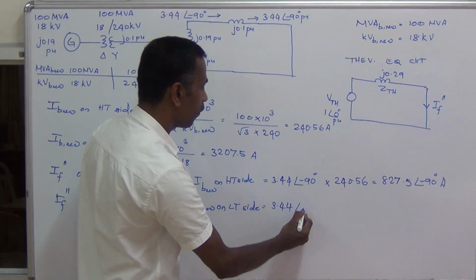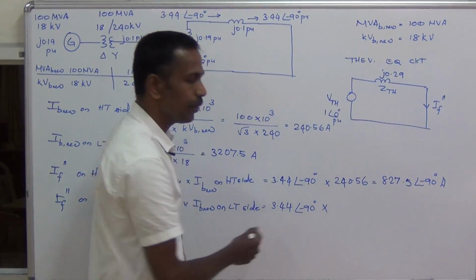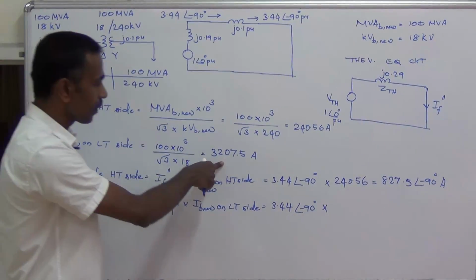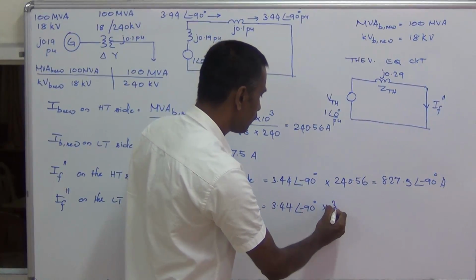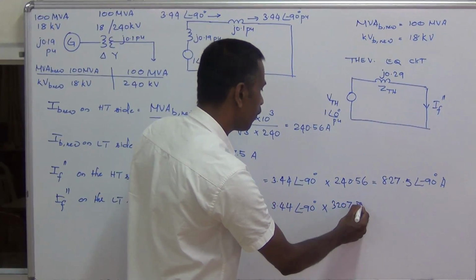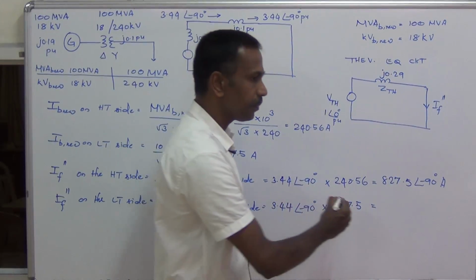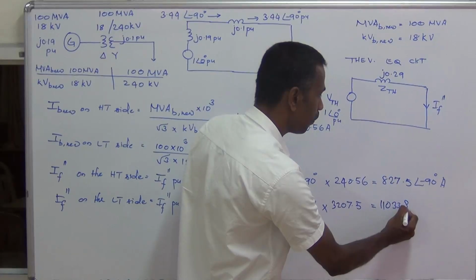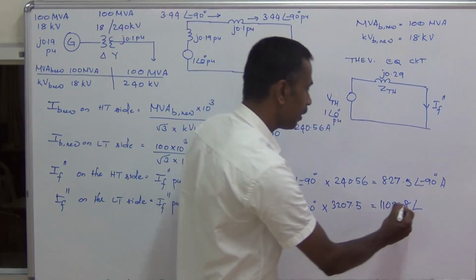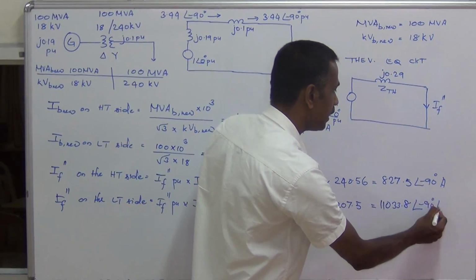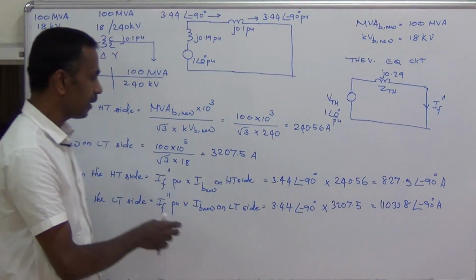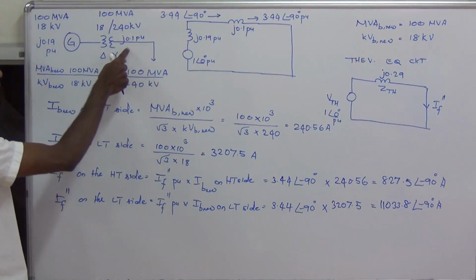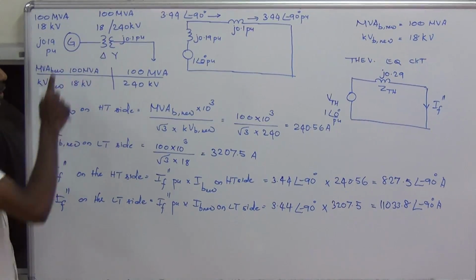It is 3.44 angle minus 90 into the base current on the low tension side, 3207.5, and this is equal to 11033.8 angle minus 90 degree amperes. So this is the subtransient fault current on both sides of the transformer, on the HT side and on the LT side.